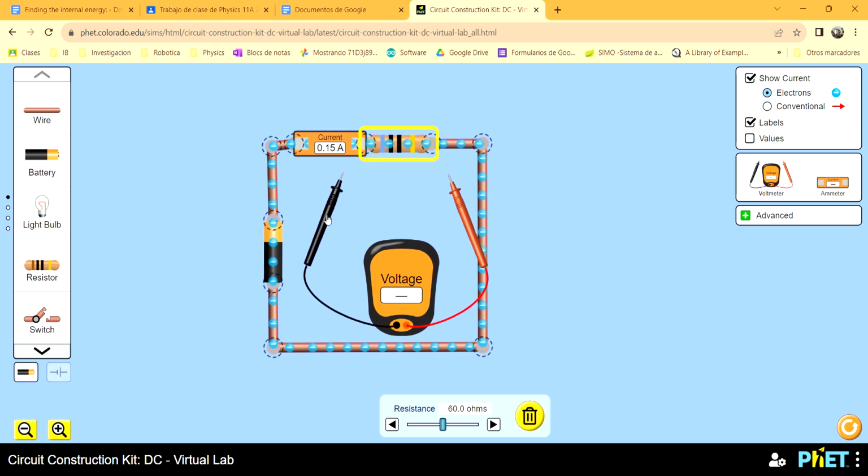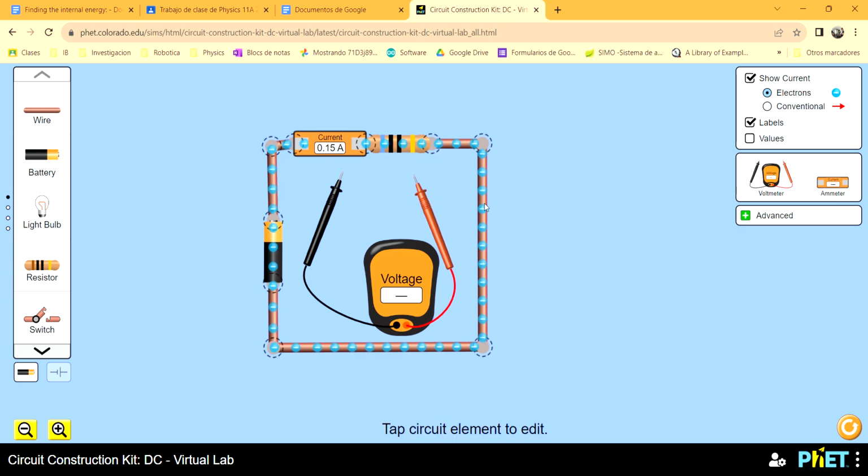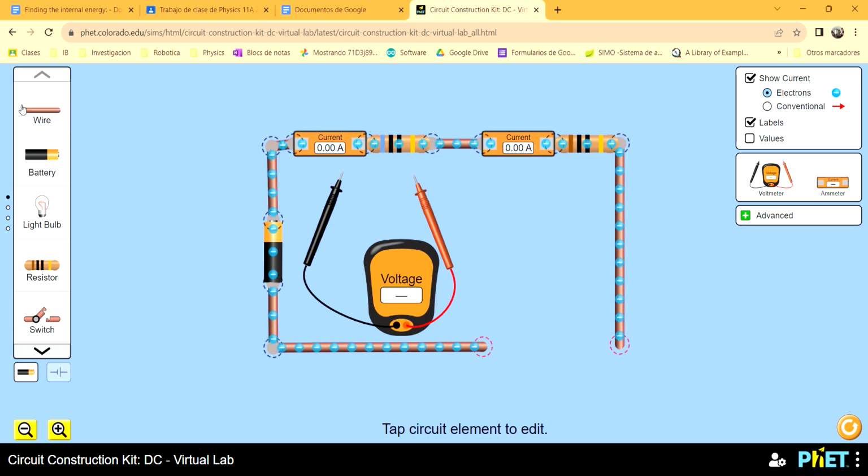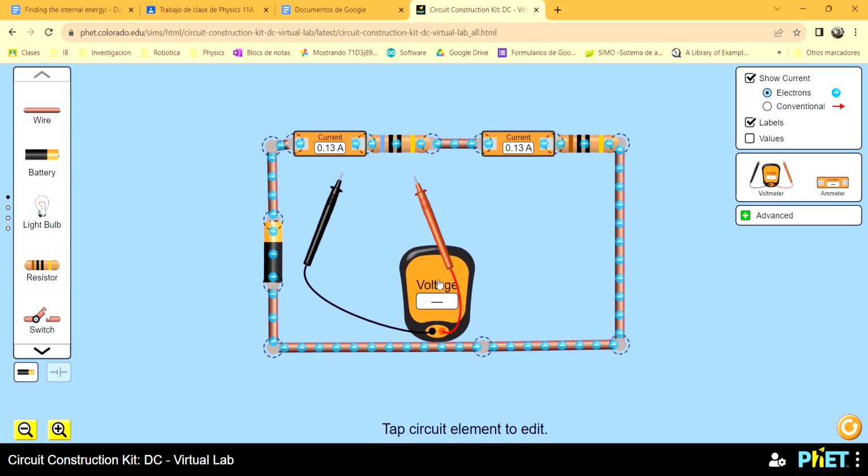Now, let's see what happens if I connect another resistor in series with that. And then I'm going to put another ammeter, and then I'm going to loop the circuit, because if I don't loop the circuit, this won't work.